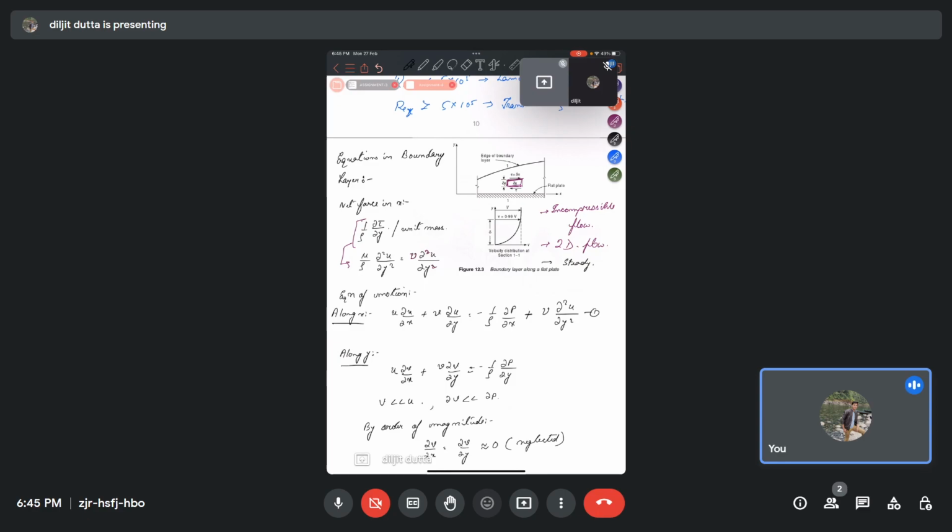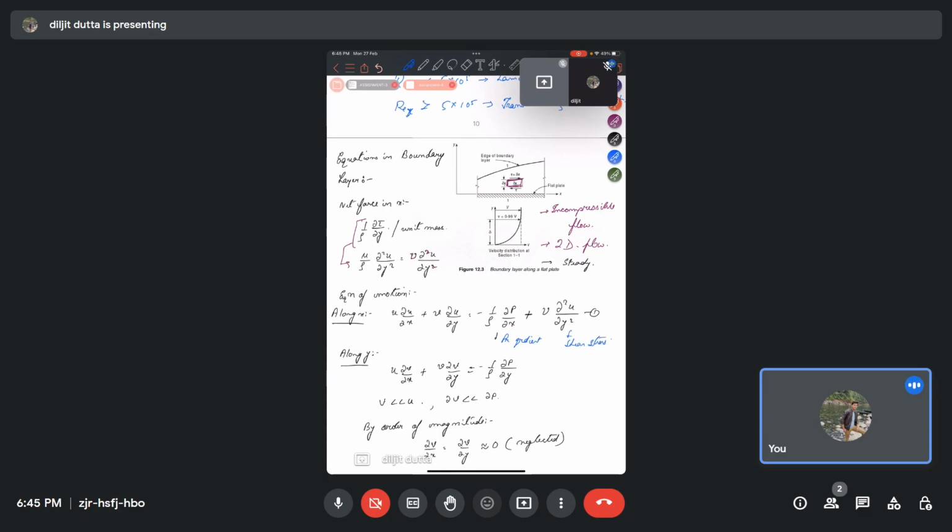This comes from the convection part of the Navier-Stokes equation, or from the simple momentum equation, and this is balanced by two forces: one is the force due to the pressure gradient, and the other is due to the shear.